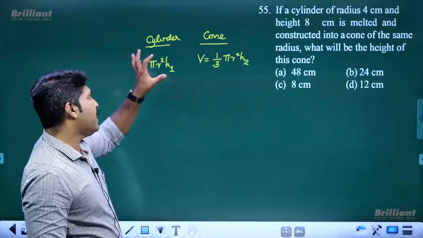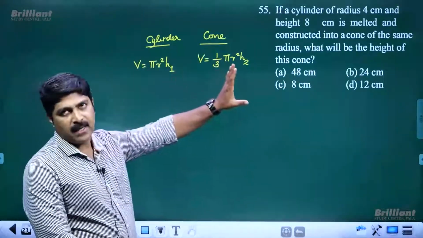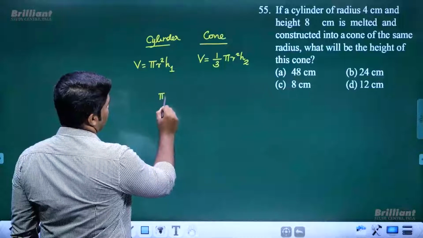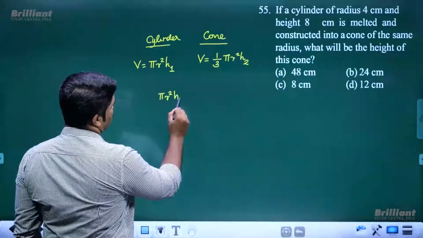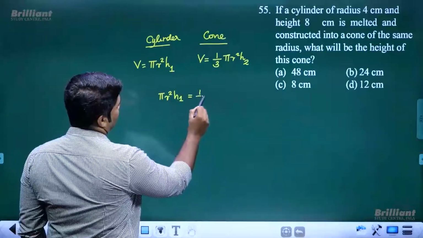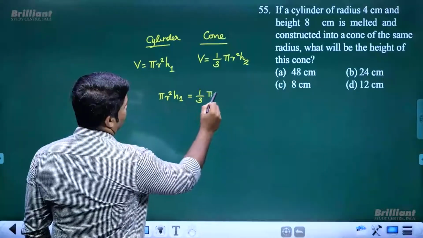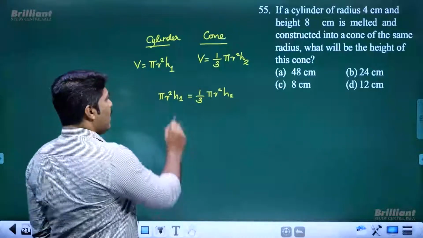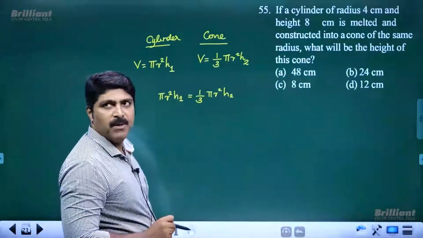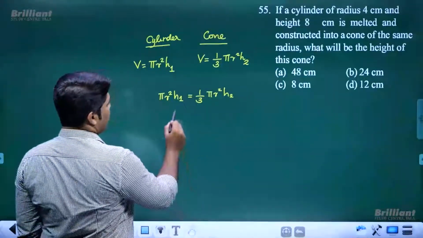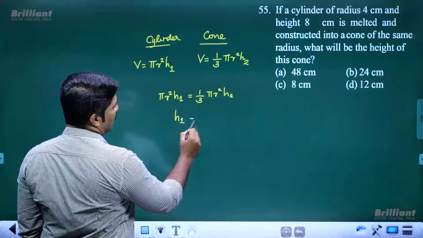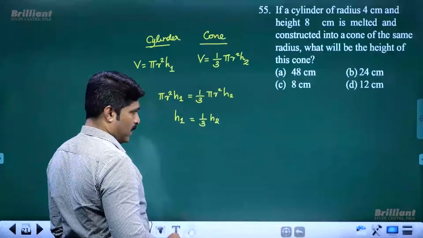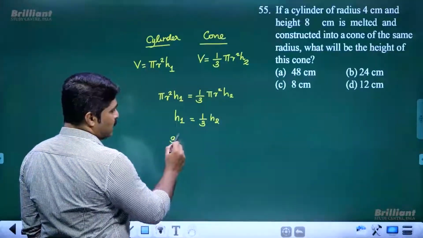If we are using the same mass of metal to form another cone, the volumes are the same. Therefore, we can write it like this: pi r square H1 is equal to 1 by 3 pi r square H2. So here pi r square on both sides are the same. Therefore, we can write H2 is equal to 3H1.